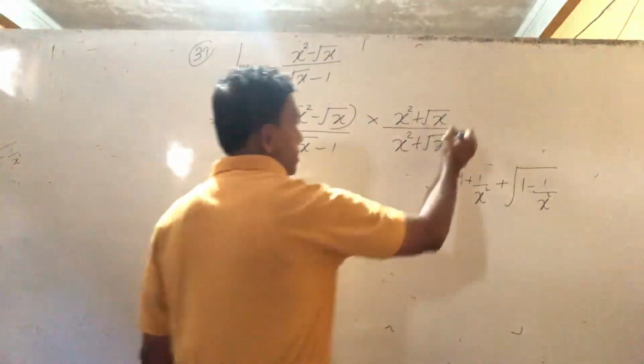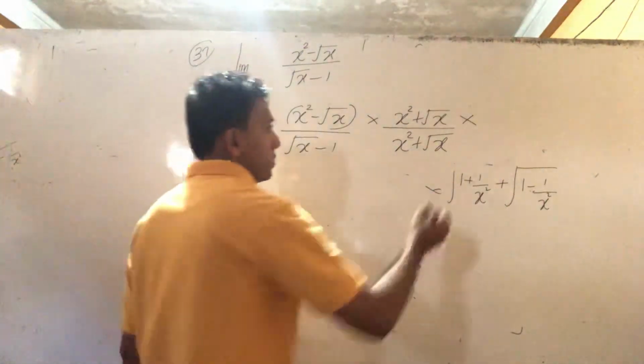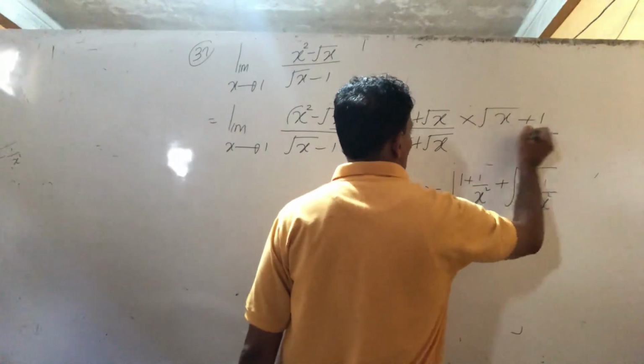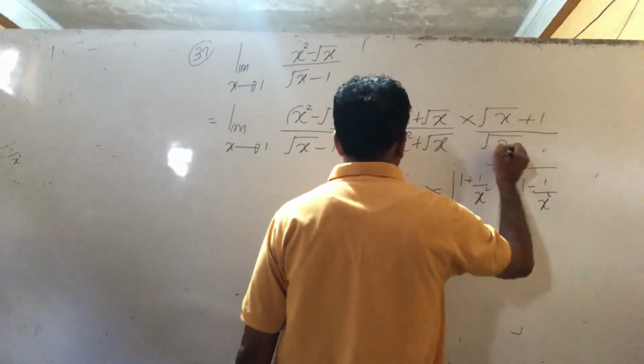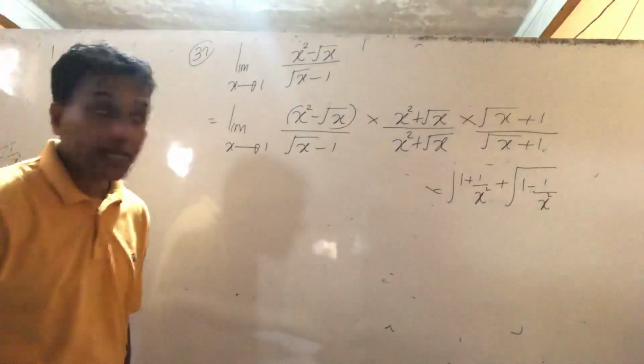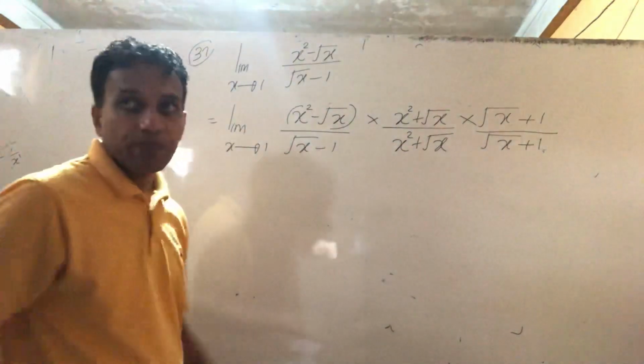Also the denominator's conjugate, square root x plus 1 over square root x plus 1. Multiplying numerator and denominator by the conjugates of each.